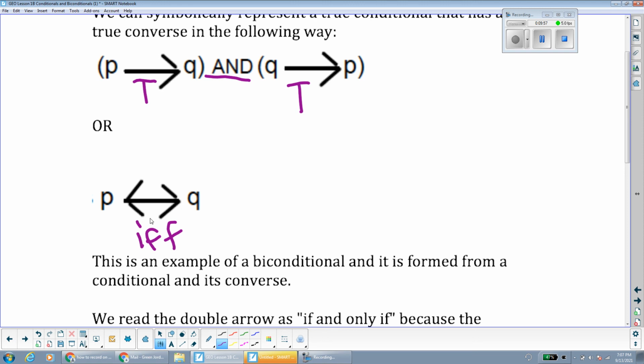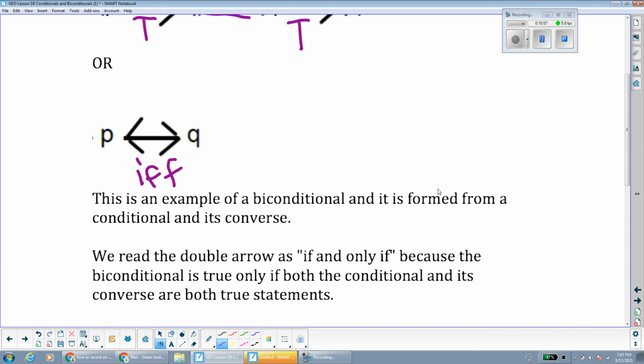So a biconditional is formed from a conditional and its converse. Once again, the converse has to be true as well. We read the double arrow as if and only if. We talked about that already, because the biconditional is true only if both the conditional and its converse are true statements.